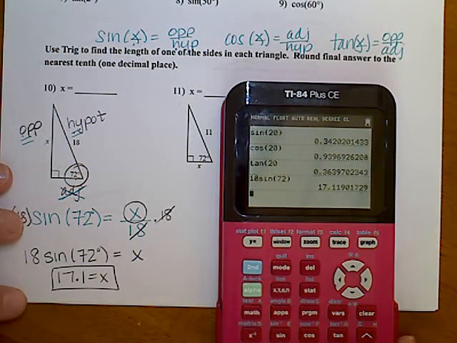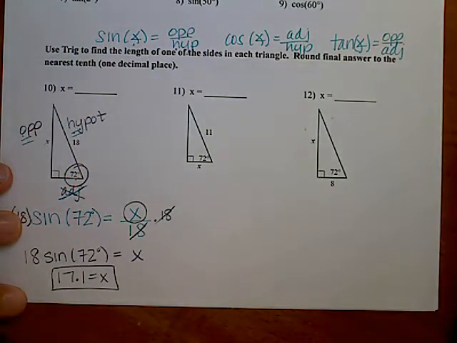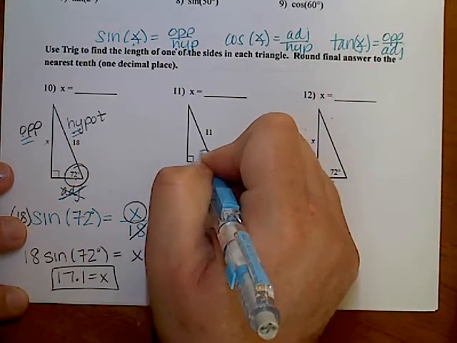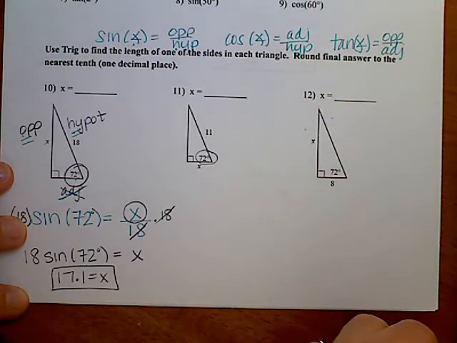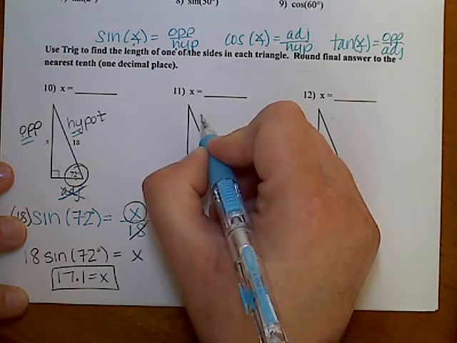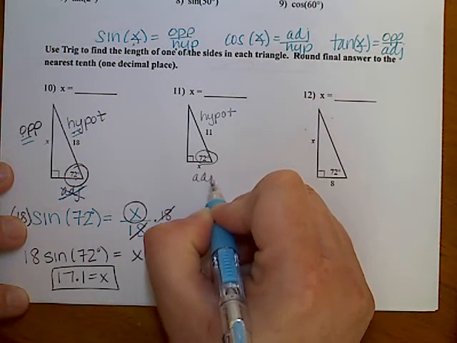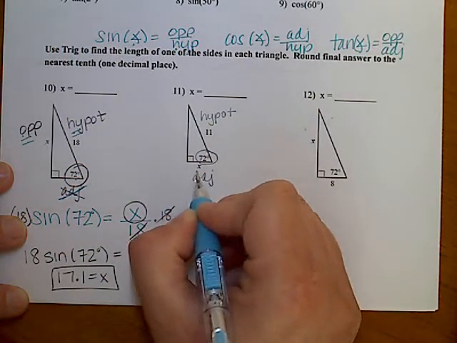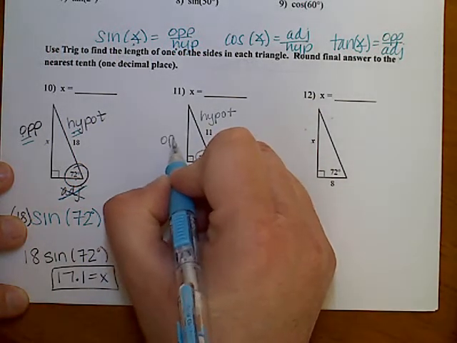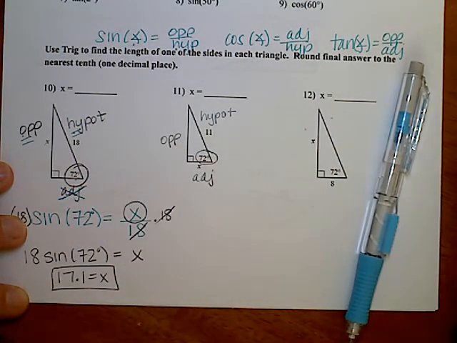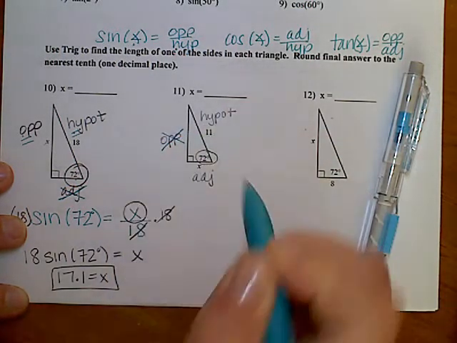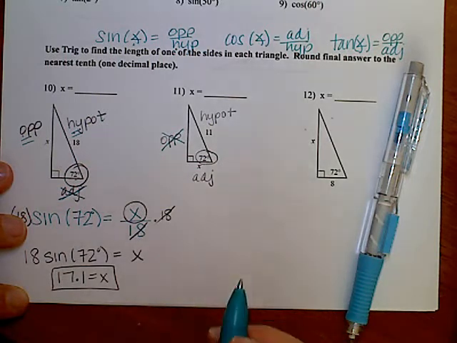All right. Let's take a look at the next one. Again, here's our reference angle, 72 degrees. My hypotenuse is this one right here. My hypotenuse and my adjacent create that reference angle. That means that this side is the opposite. Now, in this particular example, I have no information given to me on the opposite side.